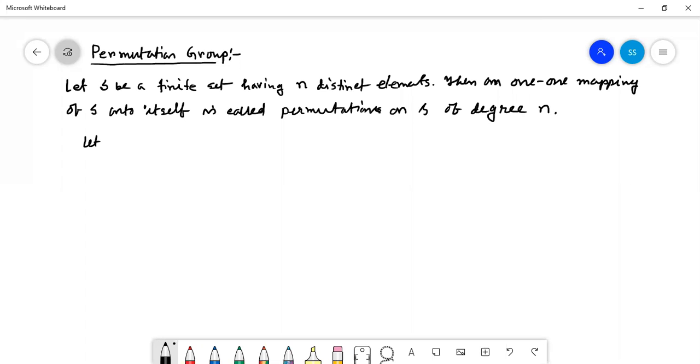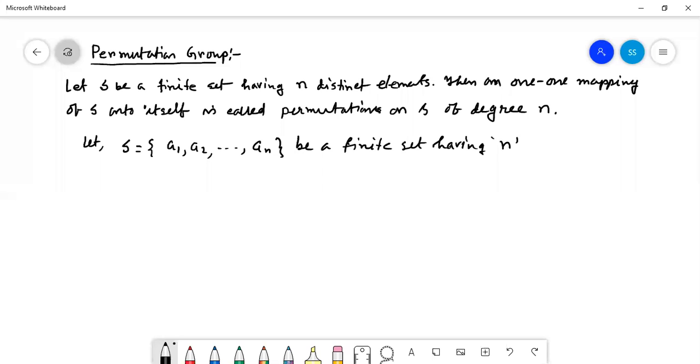Take an example. Let S equal to A1, A2, dot dot dot, An, be a finite set having n distinct elements.